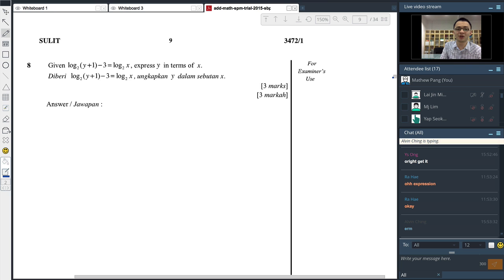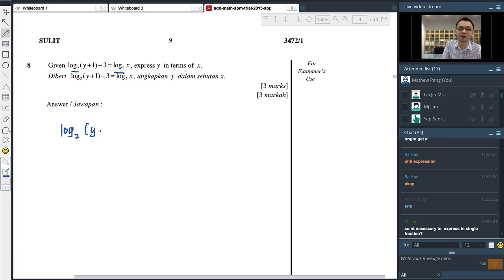Okay, this is a log question. For log question, I always check, do they have the same base? Both also base 2, then it will be very easy. I move the 3 to the other side and move the log x to the other side also. So we minus, log 2x equals to 3. Then I factorize out the log 2. Minus means divide, right?